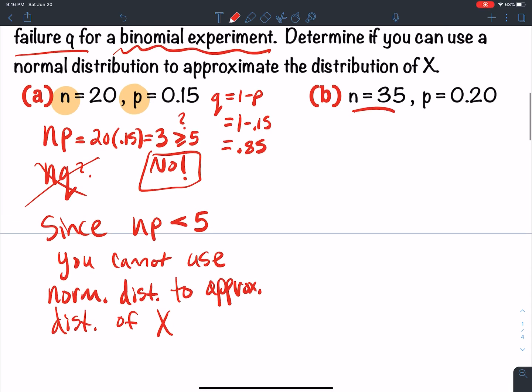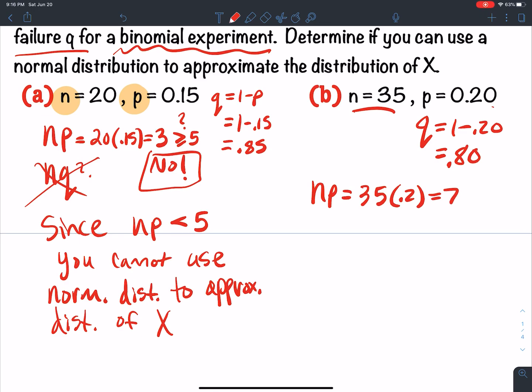What about 35? So if p is 20%, q is 1 minus 20%, which is 80%, so 0.8. So np is going to be 35 times 0.2. And if I multiply that, I get 7. 7 is greater than or equal to 5. I'm okay here. What about nq? nq is 35 times 0.8.